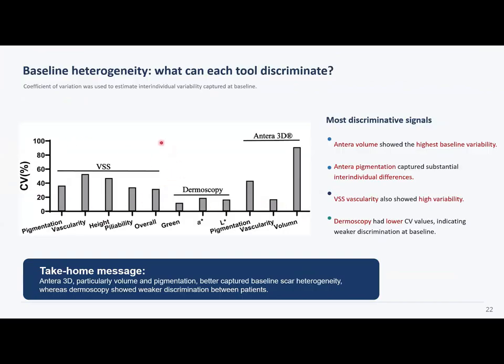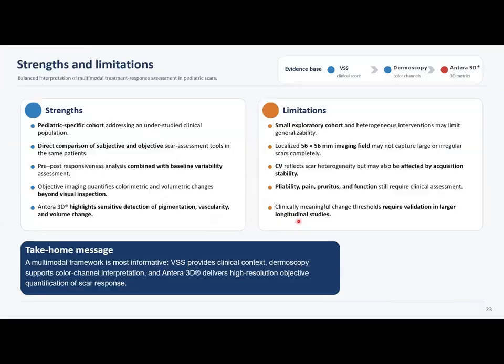From this chart, we can see VSS, dermoscopy, and 3D. Even for the same scar, you are going to have different evaluation results. The strengths of this study, I think it's too small to see, are the pediatric-specific cohort and the direct comparison of subjective and objective scar assessment.